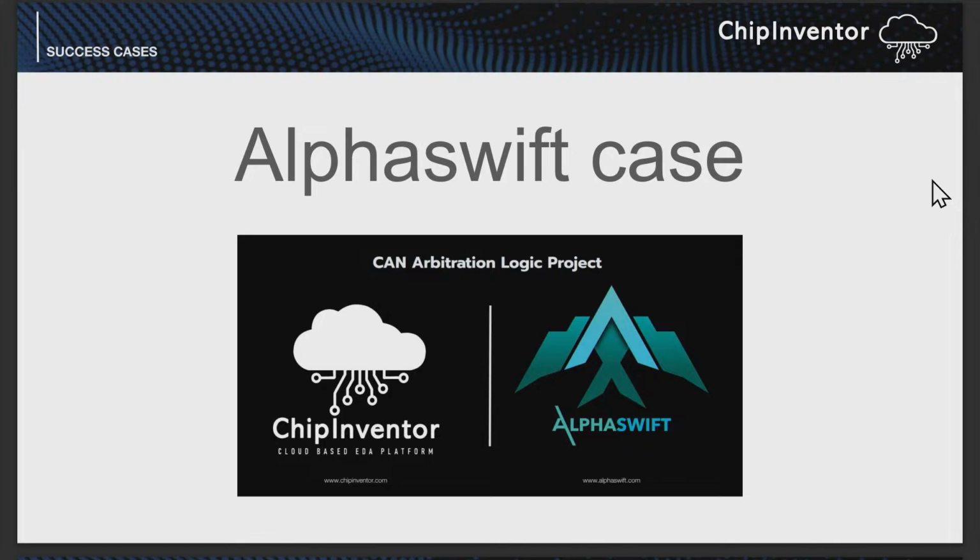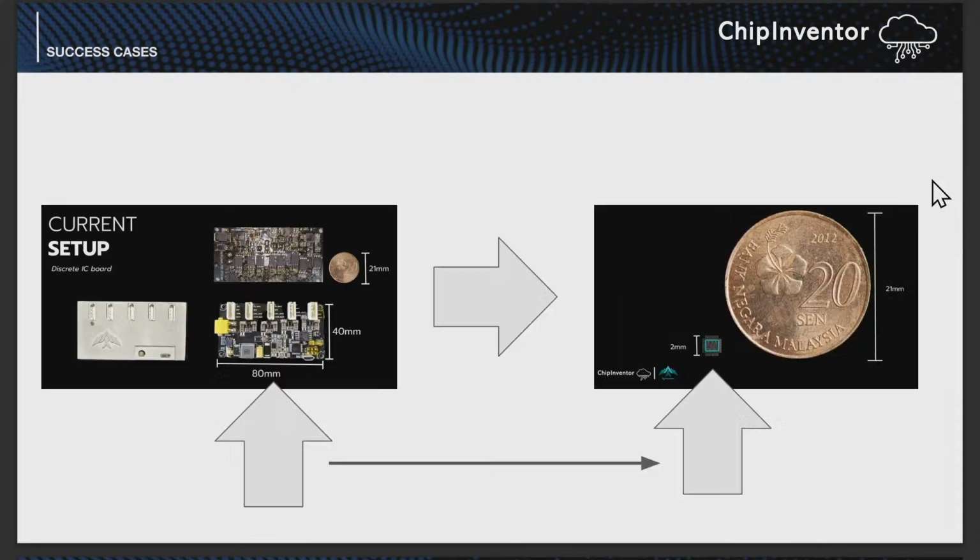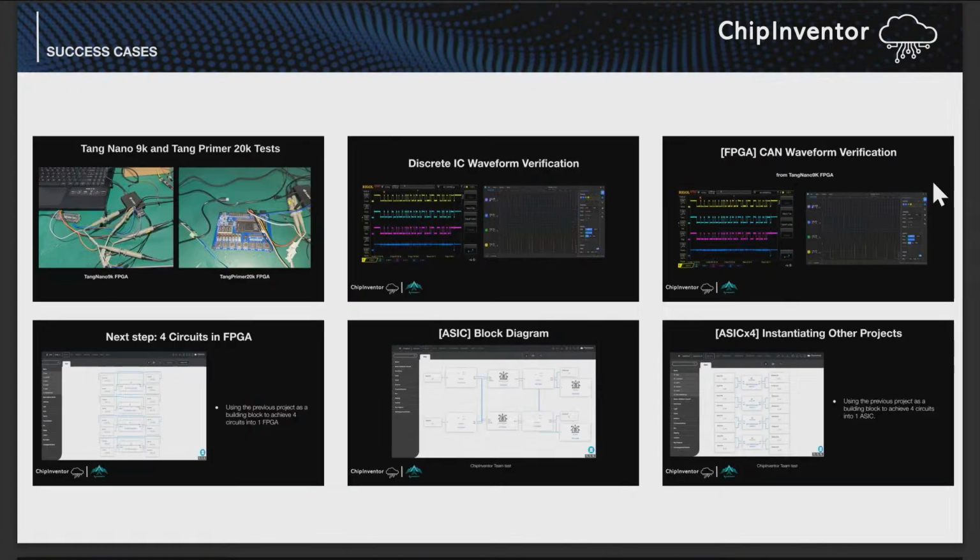Okay, this is another success case, a Malaysian company that builds drones. They had a big board with a lot of CAN bus controllers, and they needed less weight, less power usage, and less space. So we provided Chip Inventor access, and they designed this replacement chip themselves.